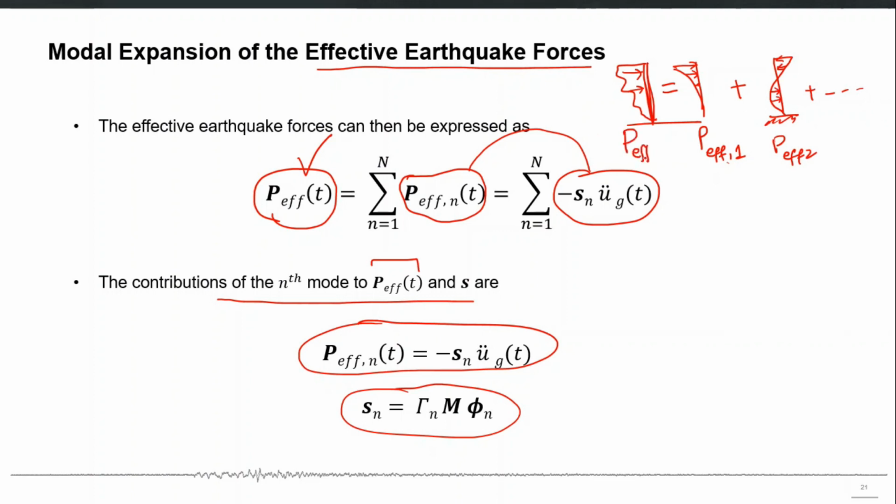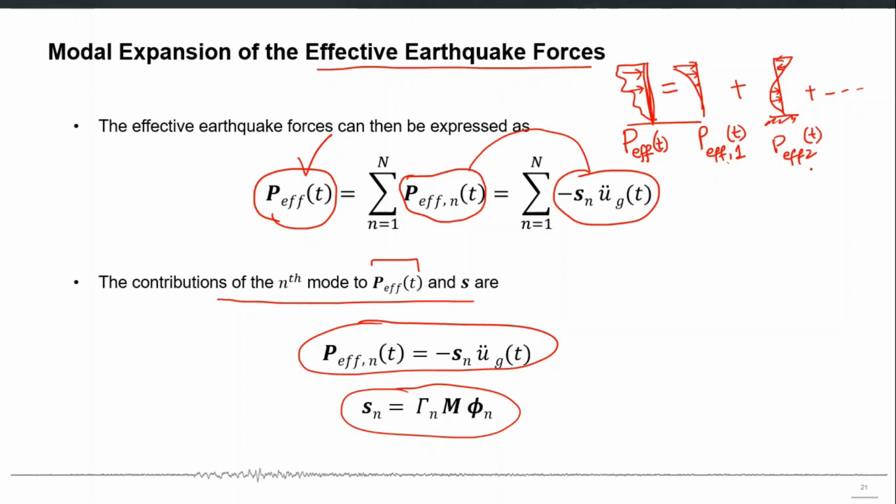So the spatial distribution of the effective earthquake forces is decomposed in the form of modal contributions. So now you can apply one separate load pattern. Obviously all of them will be a function of time also, because P effective is a function of time, but the spatial distribution is decomposed into different modal contributions.